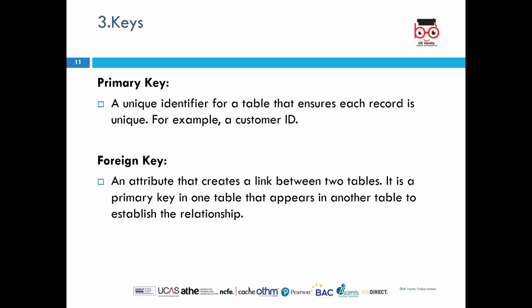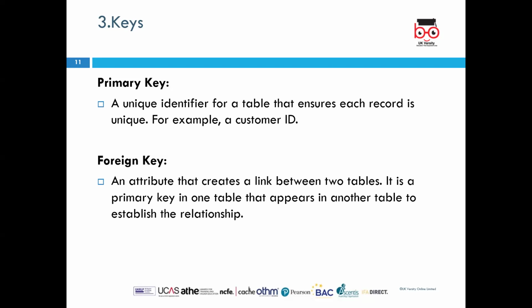Each of our entities has a primary key. A primary key is a unique identifier for a table that ensures that each record is unique. For example, one table could be assigned customer ID, and that's our primary key.